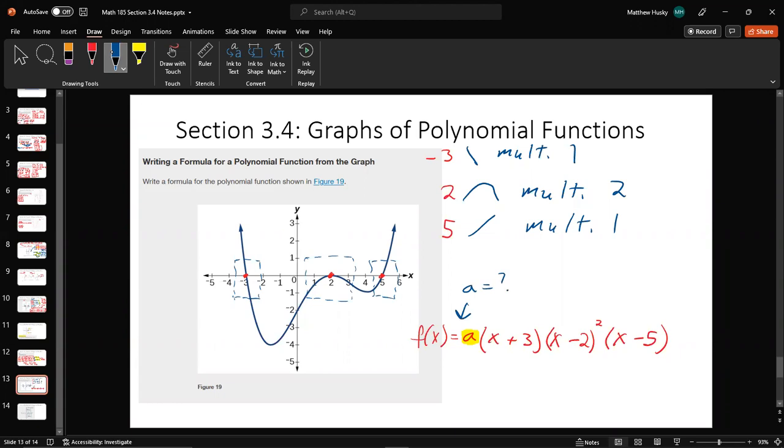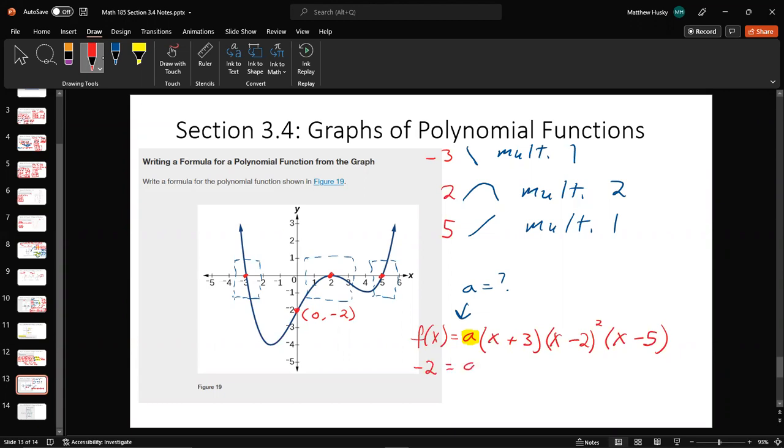Well, here's the thing to notice. You've also got this point right here, which is at (0, -2). So if you put in 0 for the x, you should get a y value of -2.